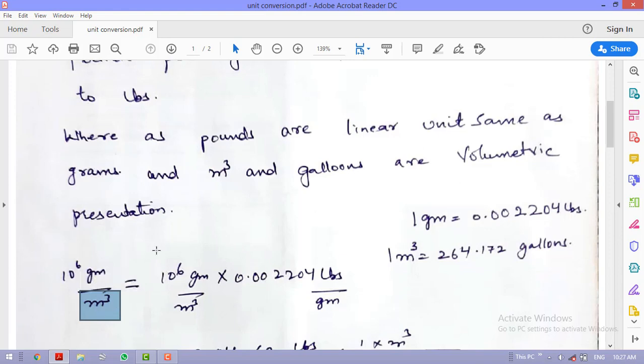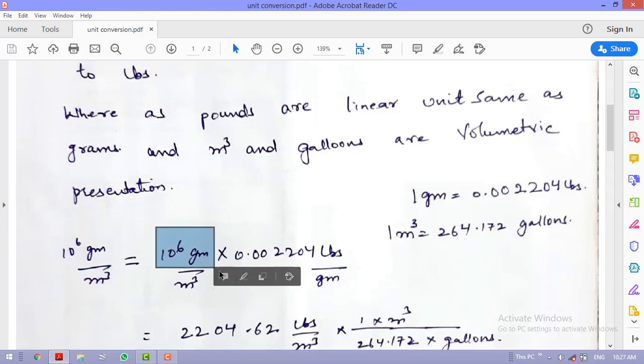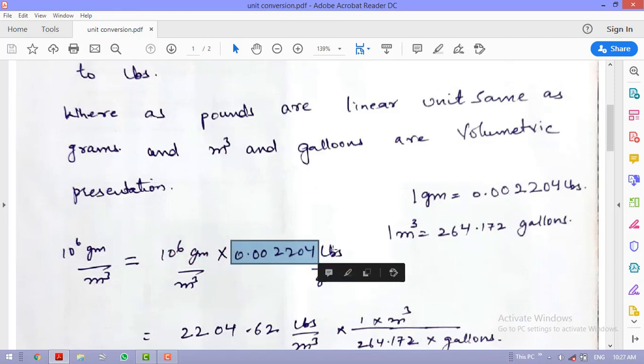This 10 power 6 gram is the value we have, the density of the water. And as you see, 1 gram is equal to 0.002204 lbs, so I have just multiplied that to convert gram into lbs.